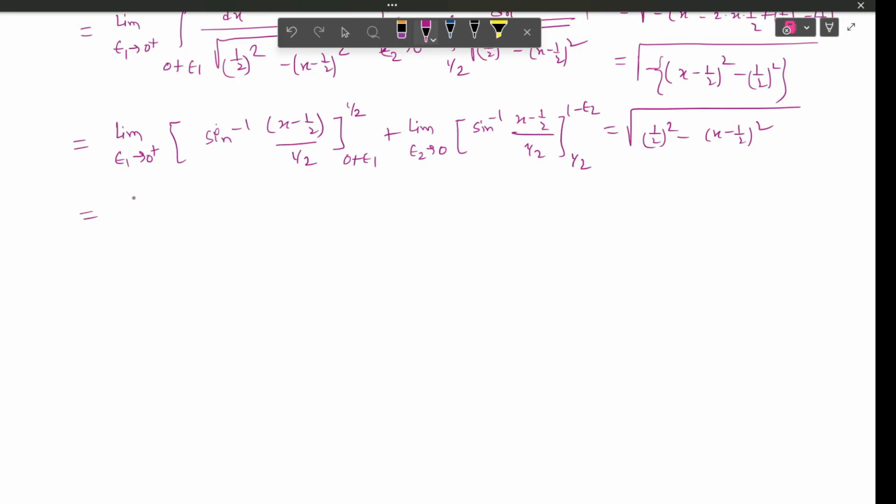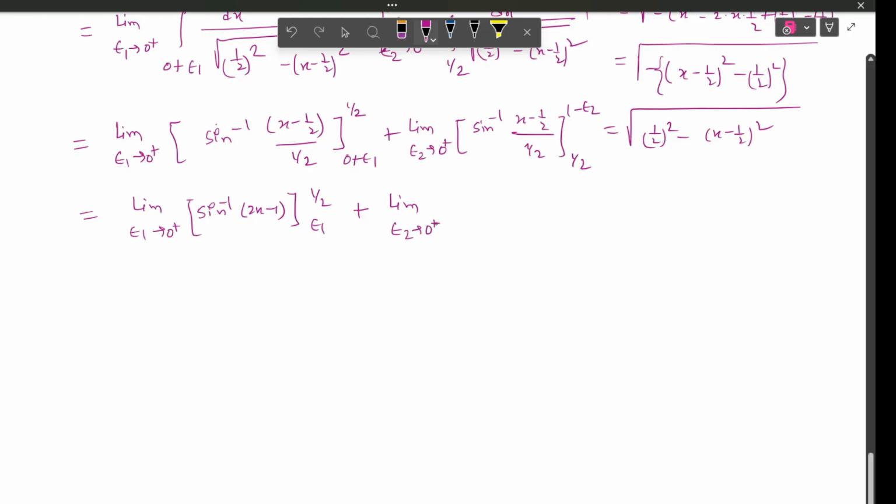Now if we simplify, limit epsilon 1 tends to 0 plus, this would be sin inverse of 2x minus 1 by 2, and this 2 and this 2 cancel out, so it will be only sin inverse of 2x minus 1 from epsilon to half, plus, this is limit epsilon 2 tends to 0 plus.